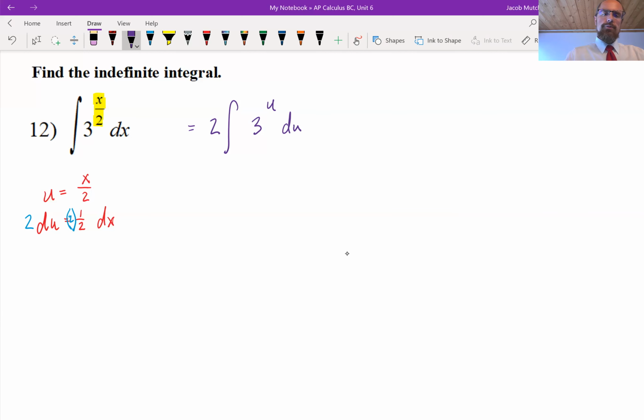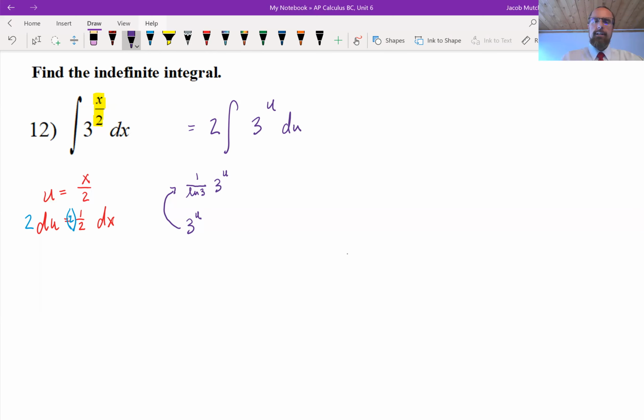So if that was a derivative, 3 to the power of u, and I was looking for an antiderivative, I need to remember that 3 to the power of u, its derivative is natural log of 3 times 3 to the power of u. So what I need to include out front is something that will cancel that natural log of 3. So I'll include 1 over natural log of 3.